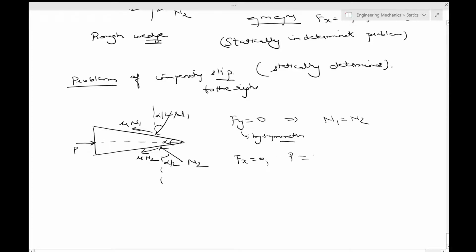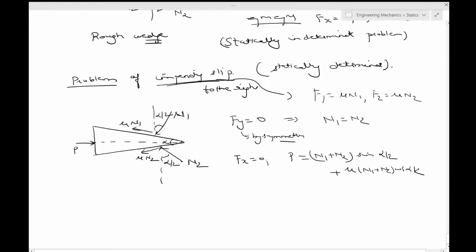For this we would have P equal to (N1 plus N2) sine alpha by 2 plus mu (N1 plus N2) cos alpha by 2. And because it is impending slip, clearly F1 would be equal to mu N1 and F2 would be equal to mu N2.